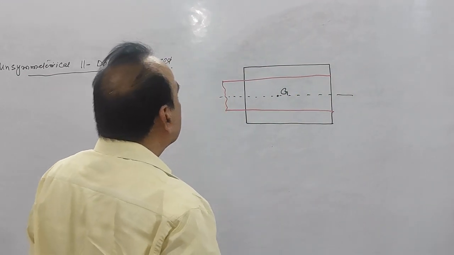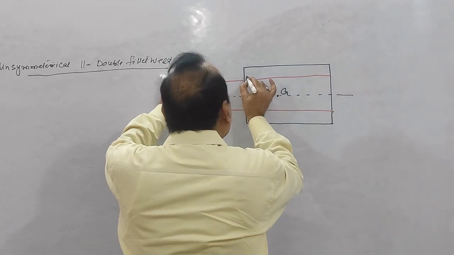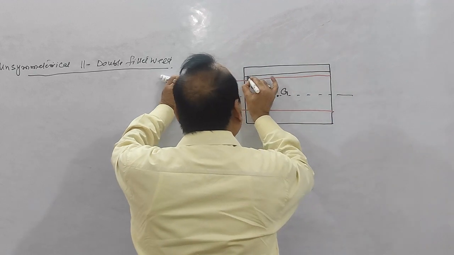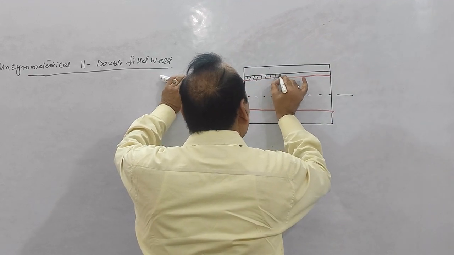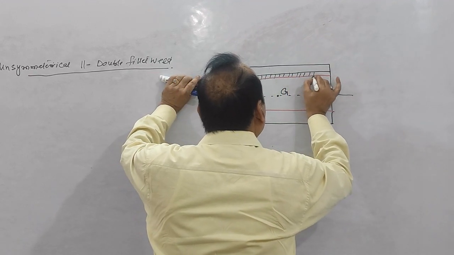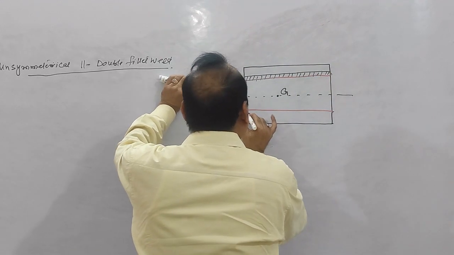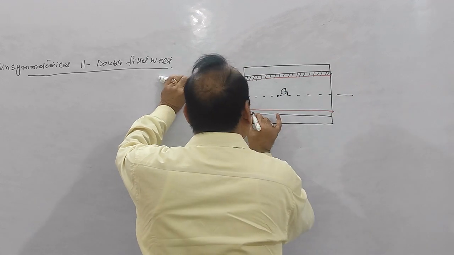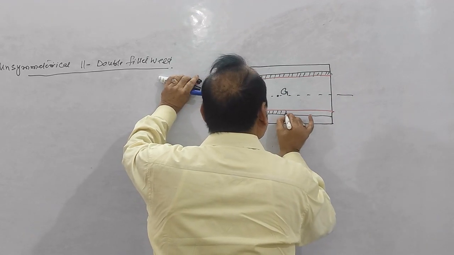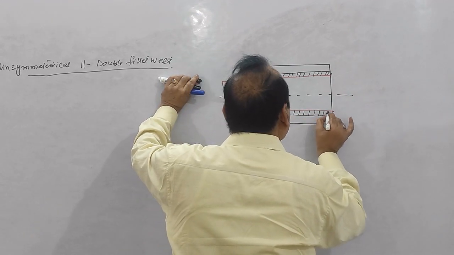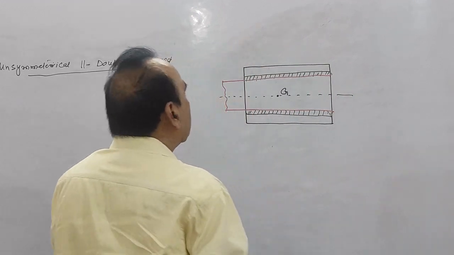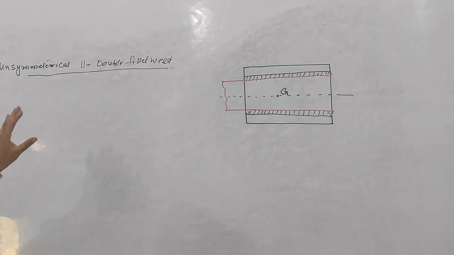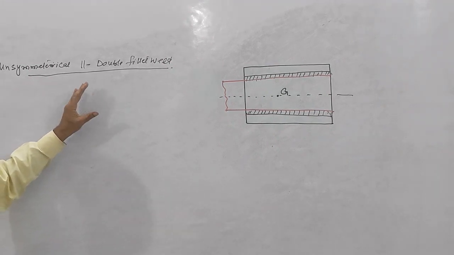And these are the welds. These are double parallel welds, and they have equal length like this. You understand this?